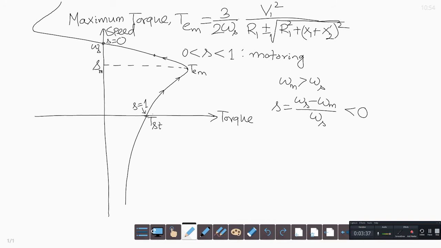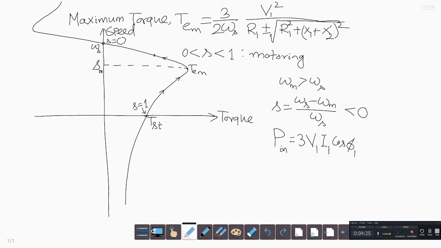That means the relative speed of the rotor with respect to the rotating magnetic field becomes opposite to the motoring case, and the machine operates as a generator when the slip is less than 0 or speed is more than the synchronous speed. So, input power P in to the motor, which is 3 V1 I1 cos phi 1. So, when slip is negative, the relative speed of the rotor conductor with respect to the magnetic field is negative.